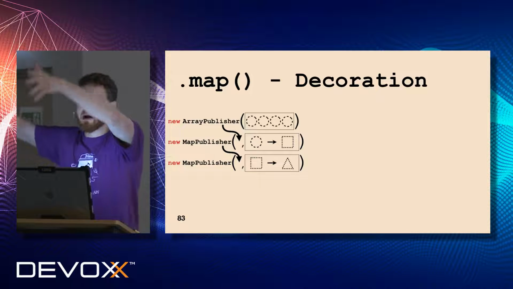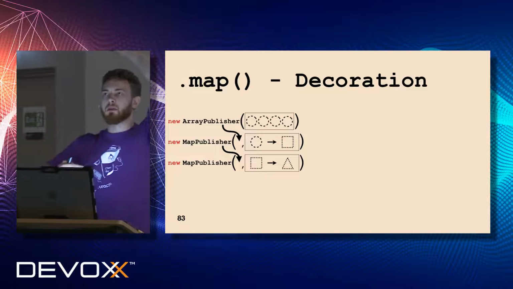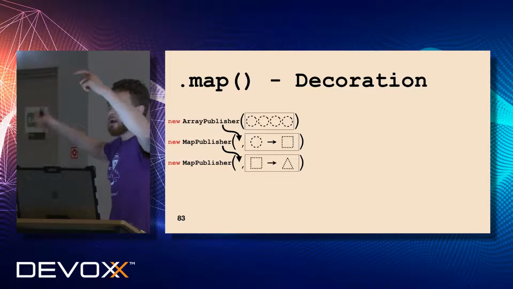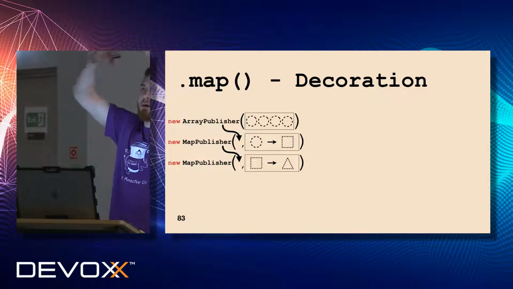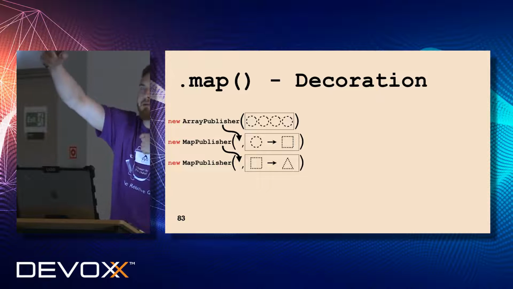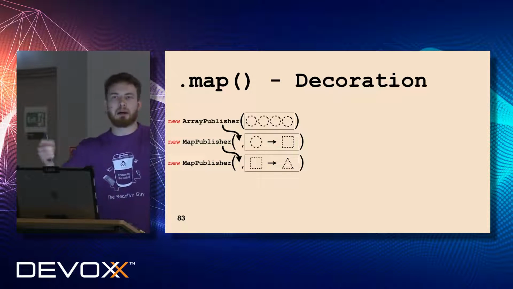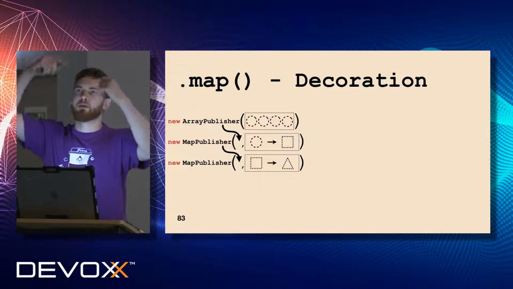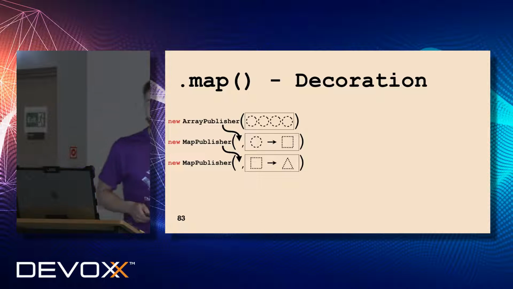So this is the first mapping, this is the second mapping, this is the final mapping. But we are doing everything in a different way because at runtime, we got a subscriber from the very bottom of the stream to the very top. That's why we have to rewrite everything in the reverse way. But with this kind of composition, this publisher composition, we can preserve the logical mapping from up to down. And it will look like this.